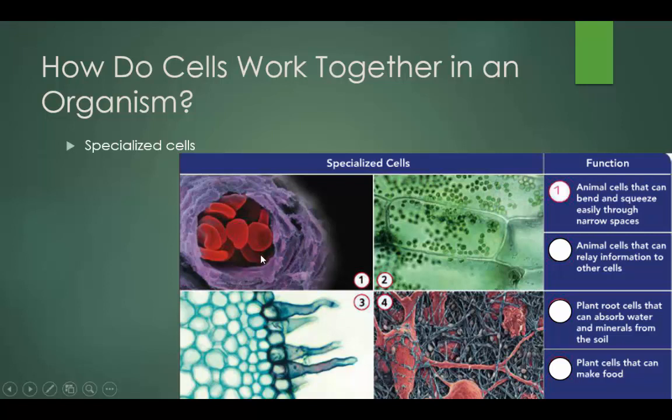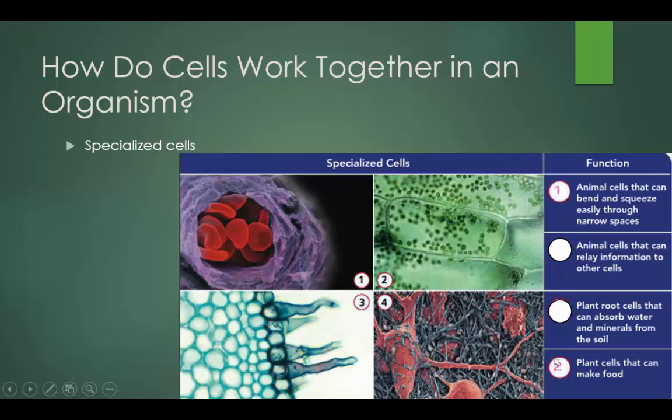An animal cell that can relay information to other cells. We're looking for a branching network that would allow that to occur. We can see here that there are some cells with long branching networks extending out. So our animal cells that rely on information from other cells would be number 4.